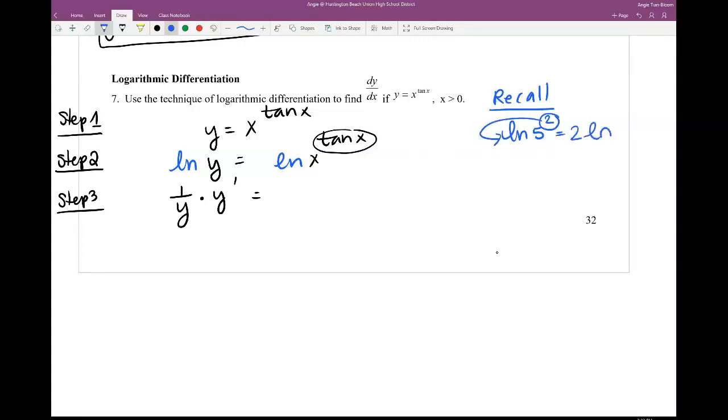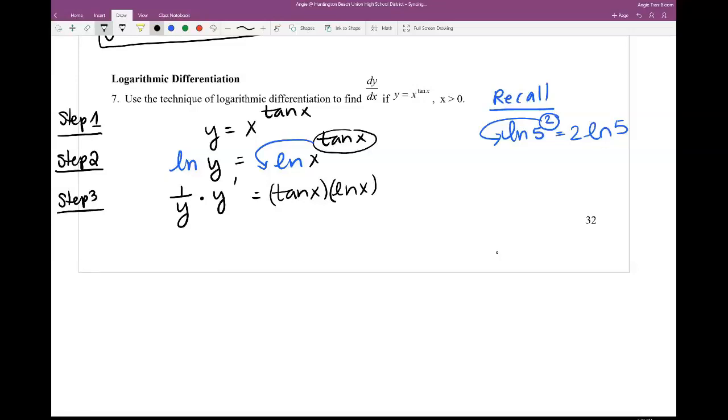So this is written as 2 times ln of 5. We can use the same rule here. The exponents in natural log and log become multiplication. So I'm going to write this instead of a power as a multiplication, just like that.